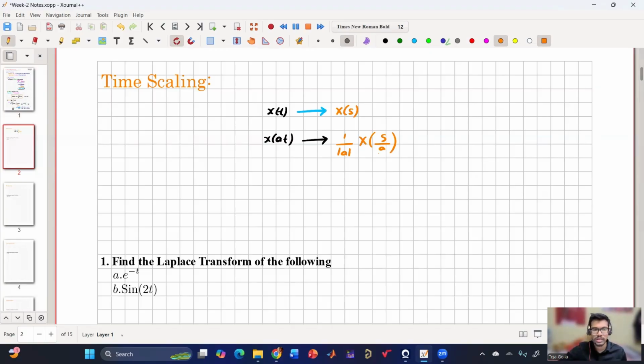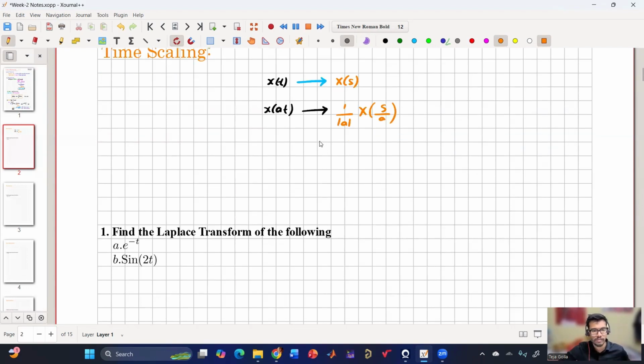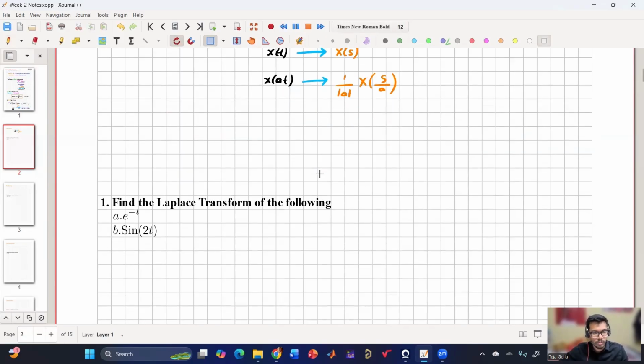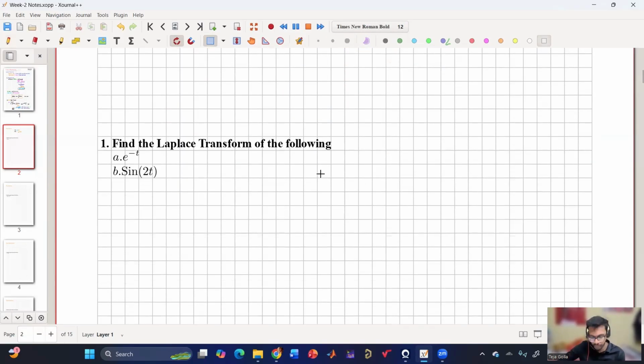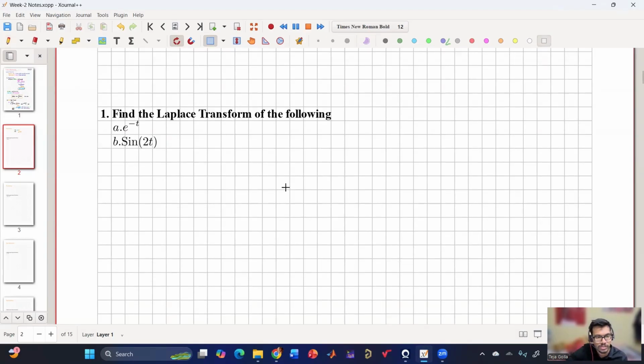So if we know the result of the first one, we can use that result to calculate the Laplace transform of the second one. Let me maintain the same color throughout the problem solving. In this case, we'll be using this property to solve the Laplace transform of these expressions. The first one is e to the power minus t.